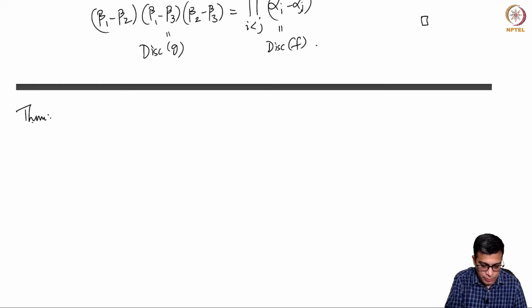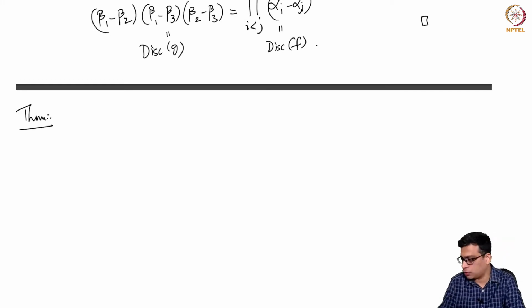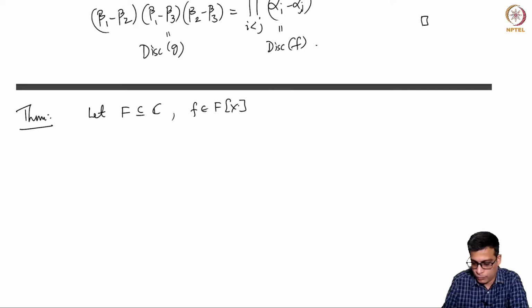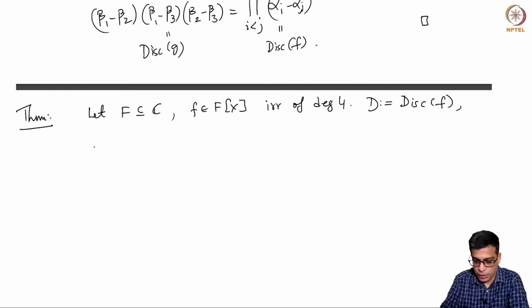So now we are ready to prove the main theorem about quartic polynomials over characteristic 0 fields or subfields of C. Irreducible of degree 4. Let us say D is the discriminant of f and G is the resolvent cubic of f.